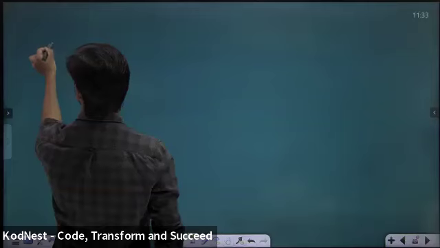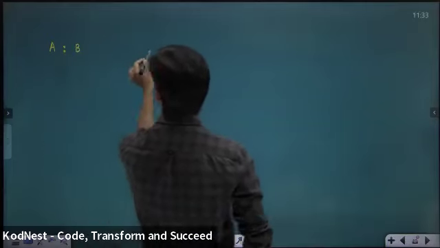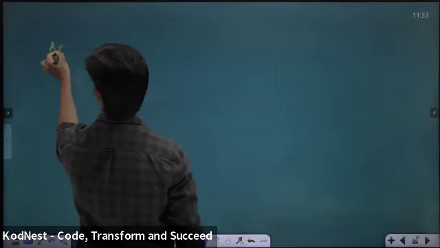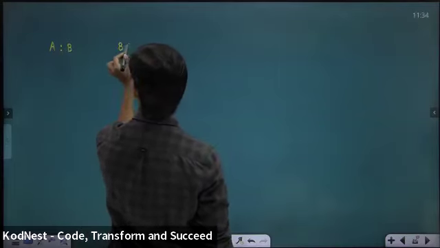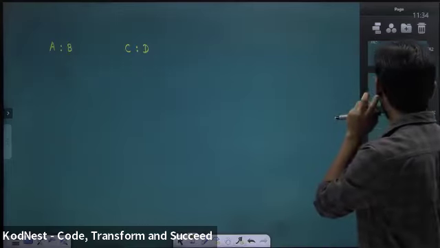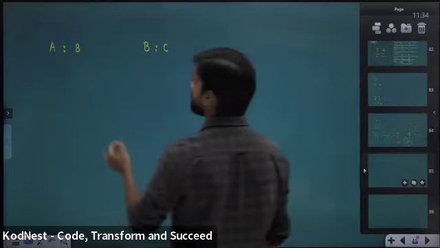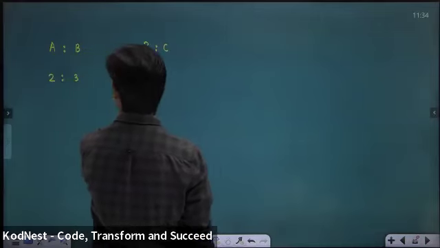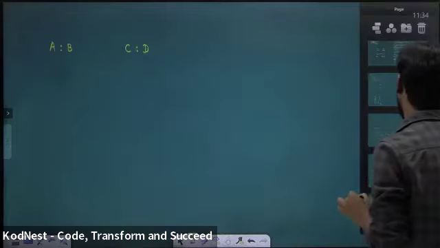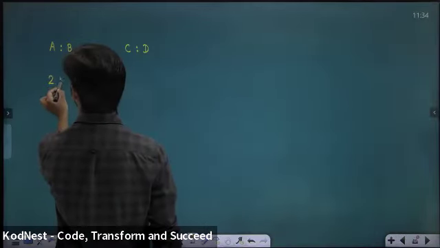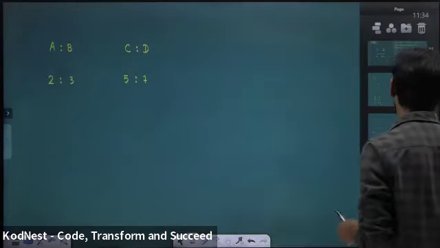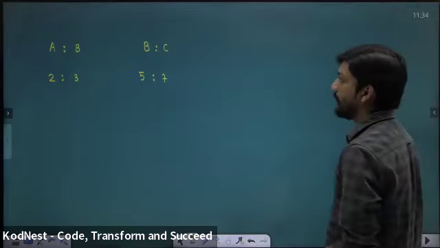One more thing. Suppose I have A ratio B, and B ratio C. Please carefully answer one thing.